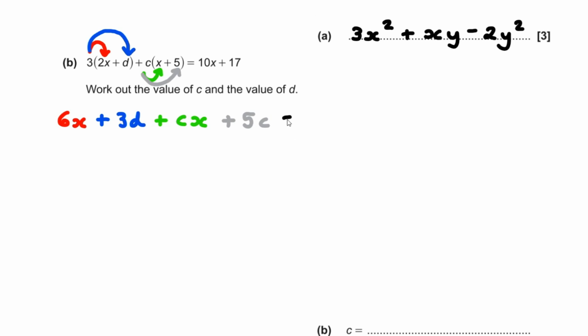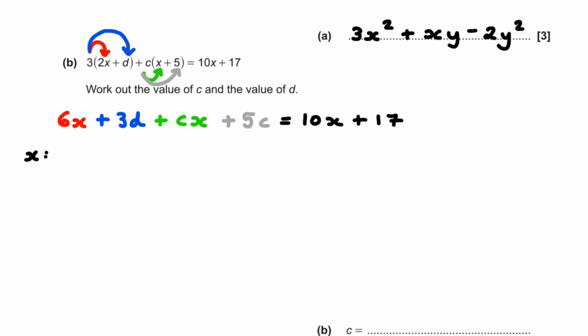And what this is all equal to is the 10x plus 17. So now what we have to do to find out what c and d are is compare coefficients. Let's take a look at the x terms. What gives us an x term?